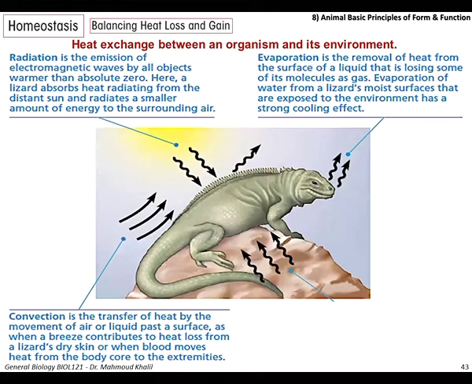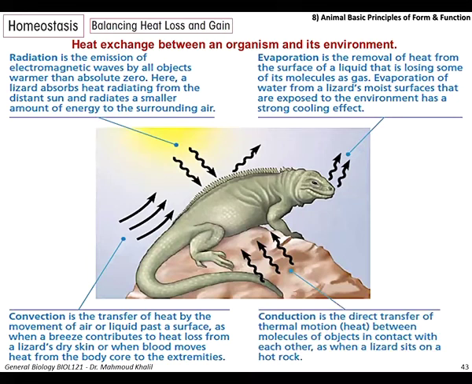As well, convection is the transfer of heat by movement of air over the surface. So by standing, the iguana lets the air move over its dry skin when the blood moves in the skin, which leads to loss of heat outside of the body. As well, it can gain heat by conduction from a rock.